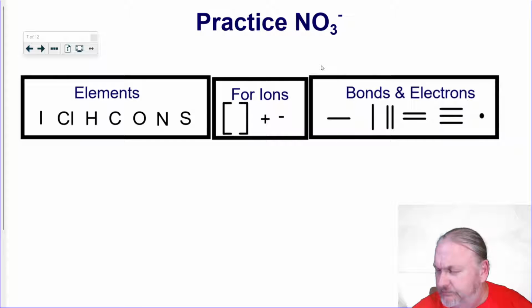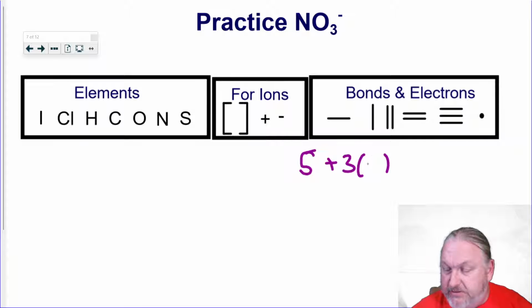So I think that's nitrate, NO3 1-, going from memory. Anyway, so nitrogen has 5 valence electrons. We're going to add 3 times the number of valence electrons of oxygen, that's 6, so we got 3 oxygens.